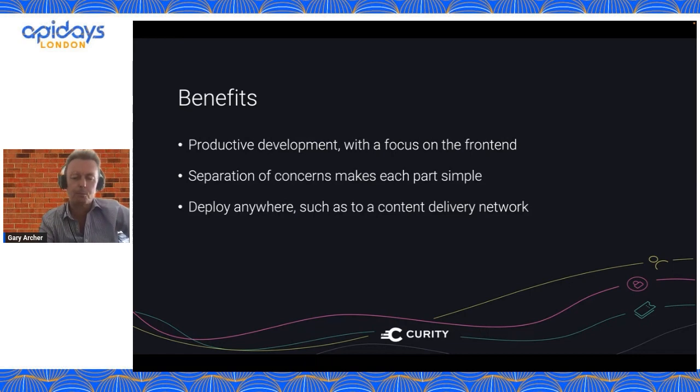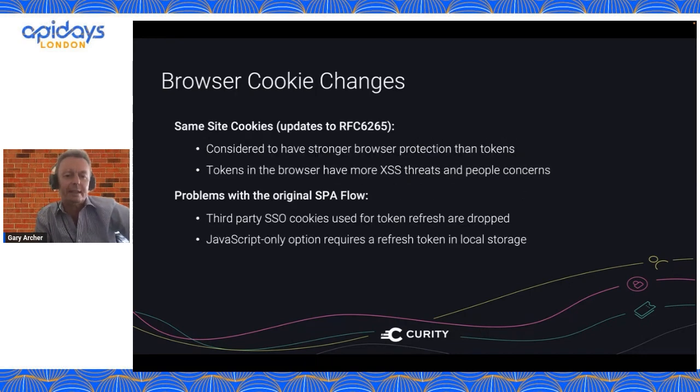So what's happened in recent years, though, is that browser cookies changed a few years ago, and same-site cookies were introduced. These are stronger cookies, and these days they're considered to have better browser security than tokens.